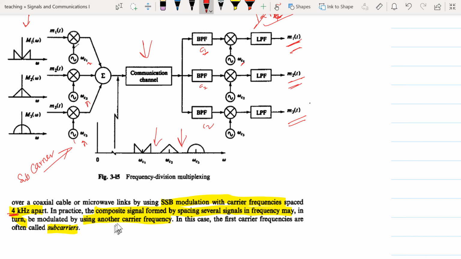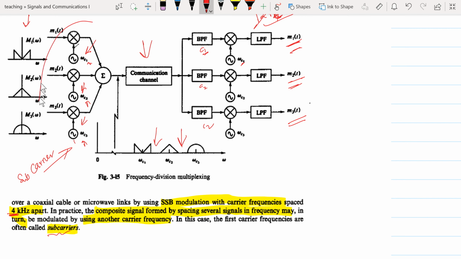But in practice, the composite signal may also be modulated by another signal, and for that reason, we end up with the term that we have adopted, that of subcarriers. Therefore, we are saying that this was carrier one, another carrier, and another carrier.